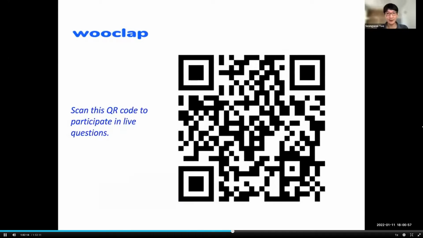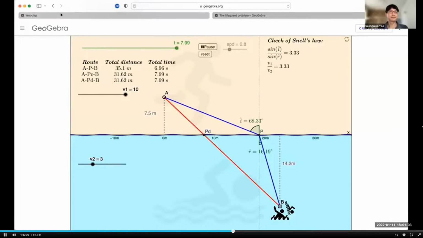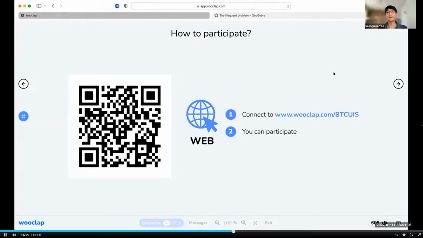Just one second. Okay, so please scan this QR code to start the polling questions. I will also scan it.